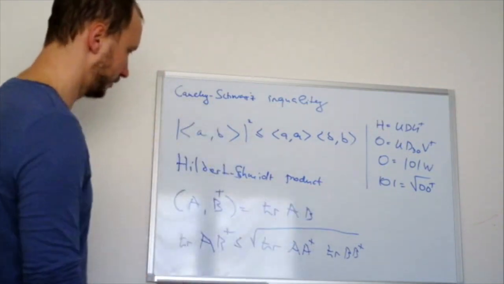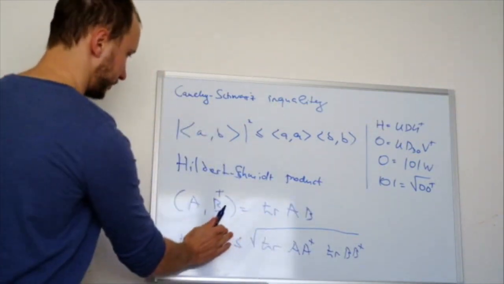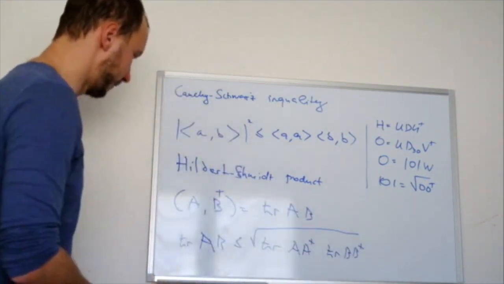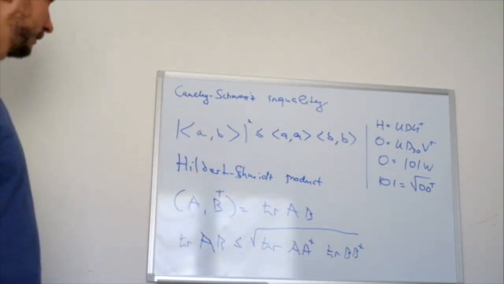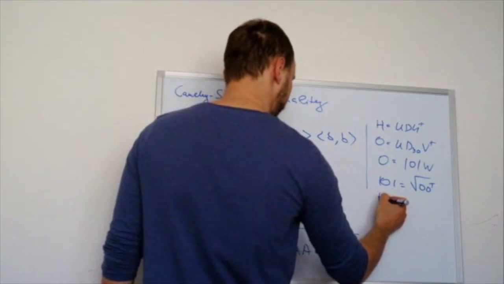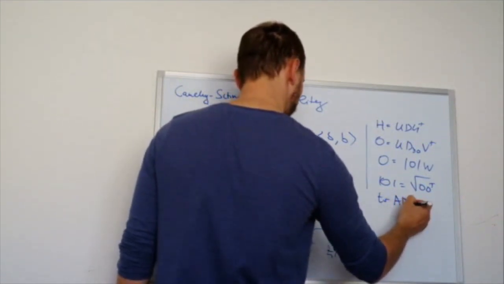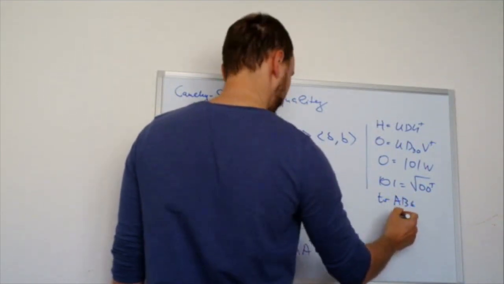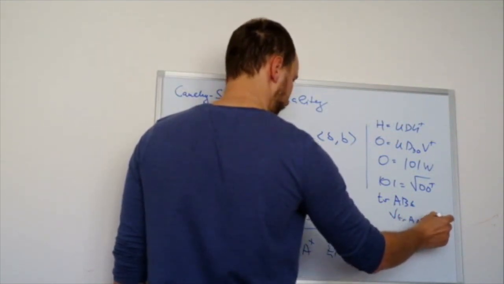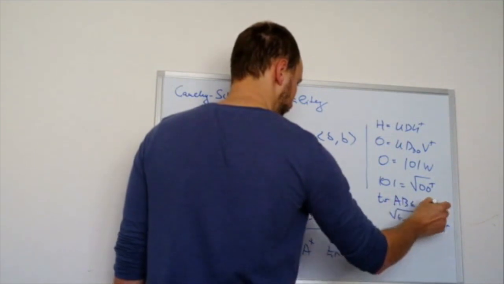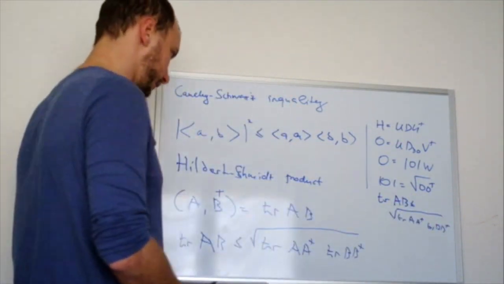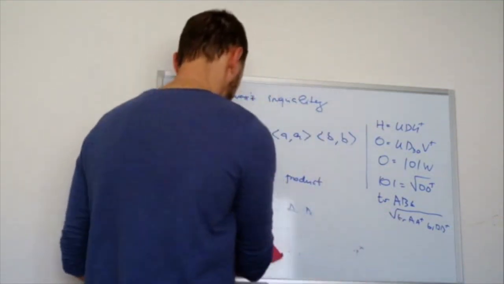The trace is cyclic, so it's the same. I just added it here because we'll use it later on, so let's keep it in mind. So the trace of AB is smaller or equal than the square root of the trace of A A dagger times the trace of B dagger B. Check. So this is the Cauchy-Schwarz inequality for our operator products. Good.